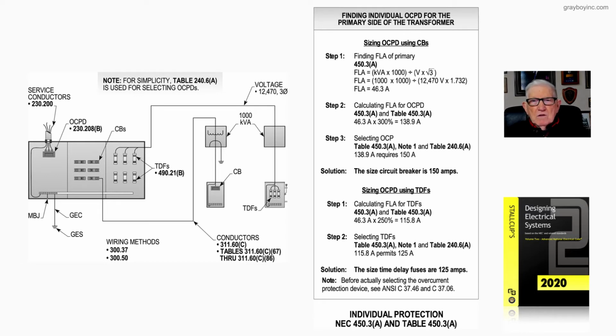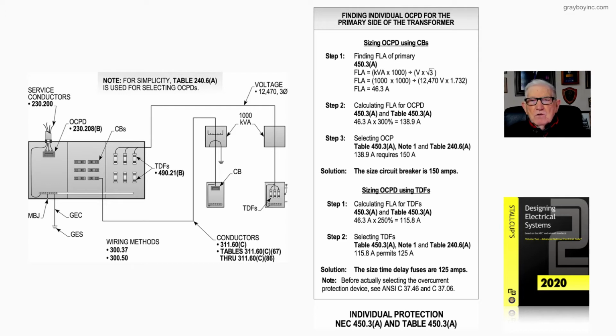Now you notice if you size, say, a fuse or circuit breaker at over 125% in the primary, then you have to put 125% in the secondary when you apply this rule. Now you will find these percentages in table 450.3(A) of the NEC.